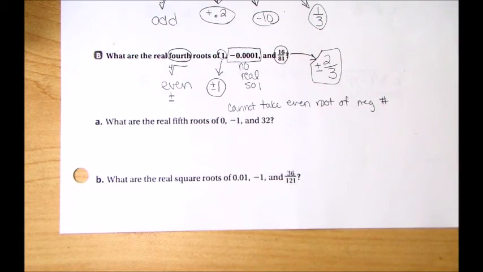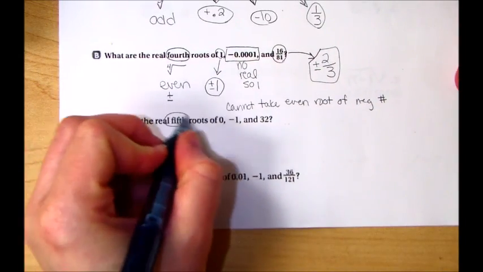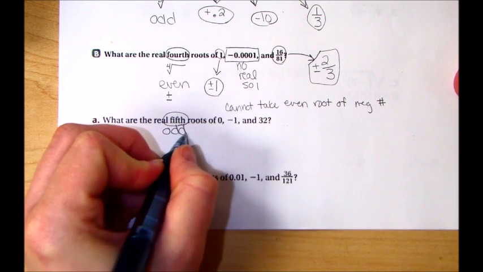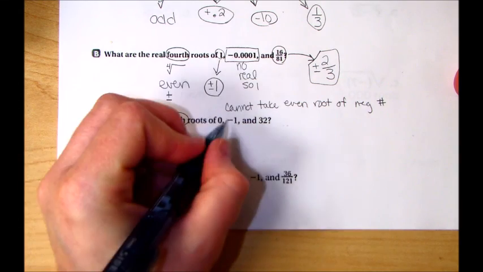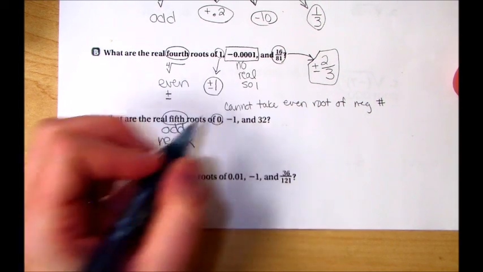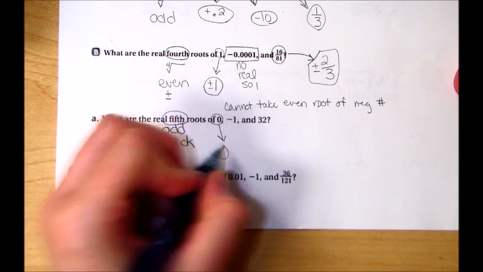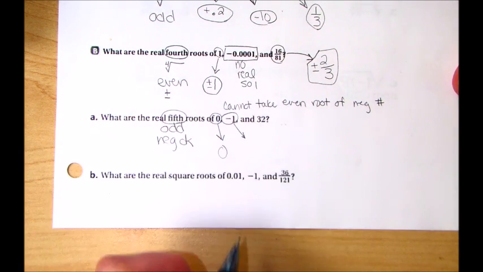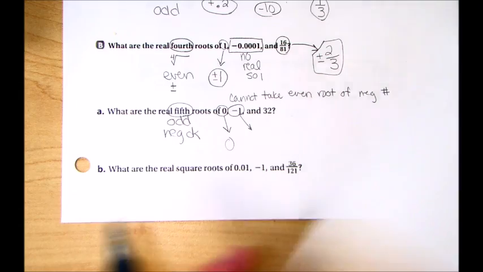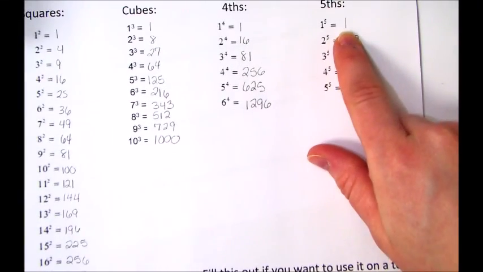Okay, now we're going to practice one more time. Fifth root, that's odd. Negatives are okay. What times itself 5 times gives you 0? 0, that's an easy one. Okay, let's look at our fifth root for 1. The fifth root of 1 is 1.